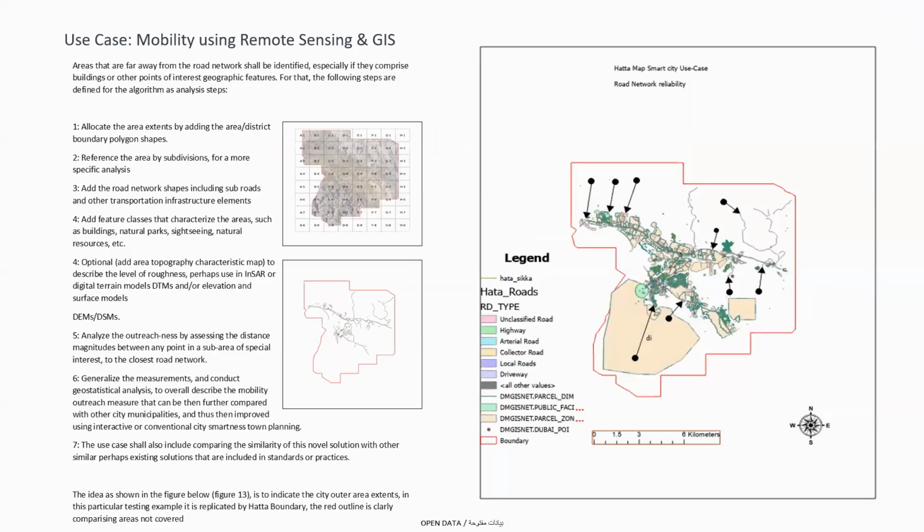This is a use case, an example, which was done using remote sensing and geospatial technology to prove the mobility part of smart cities.